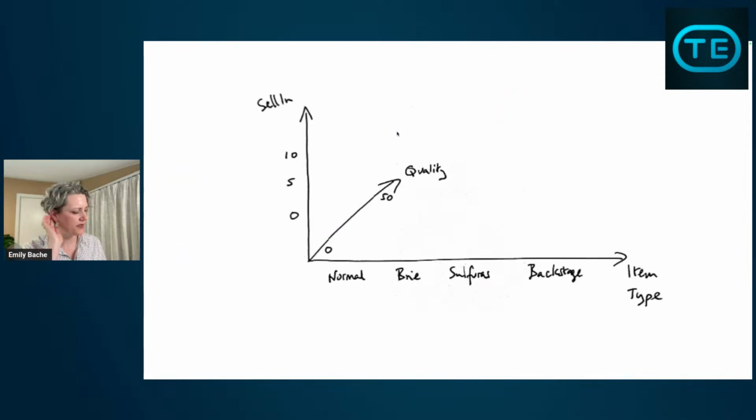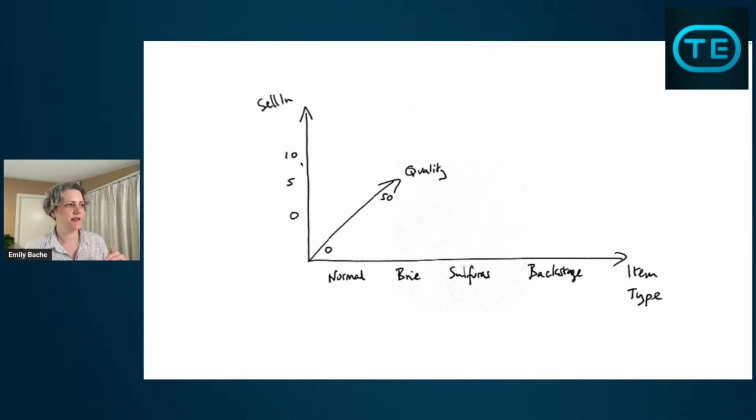I wanted to also point out something he's done really well. I've drawn this graph with 3 axes to try and explain how I think about the things that can affect the results. So when you update the quality of an item, the result will depend on what kind of item it is. So that's this x-axis here, the item type.